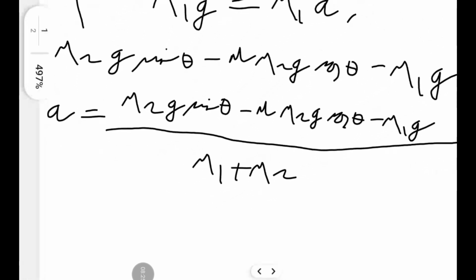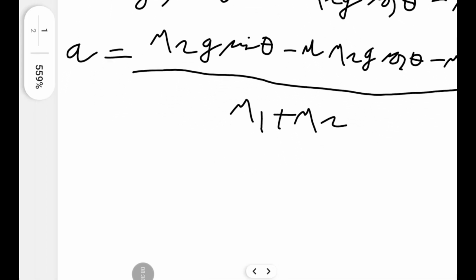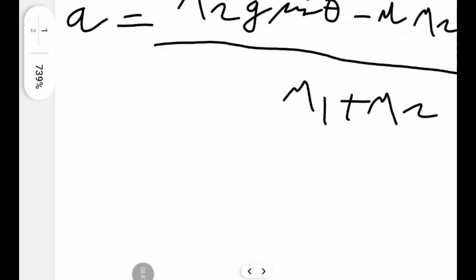Now, if we want to go further and find things like the velocity, you'd have to use calculus. We're going to keep the system simple. That's quite a complicated acceleration, so we're going to make it a little bit simpler.